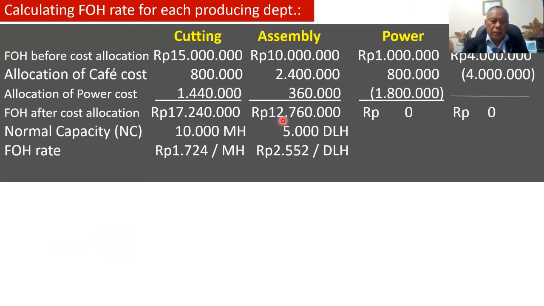For assembly, the total factory overhead after the service department cost allocation is 12,760,000, divided by 5,000 direct labor hours. So we find the factory overhead rate for assembly is 2,552 per direct labor hour.